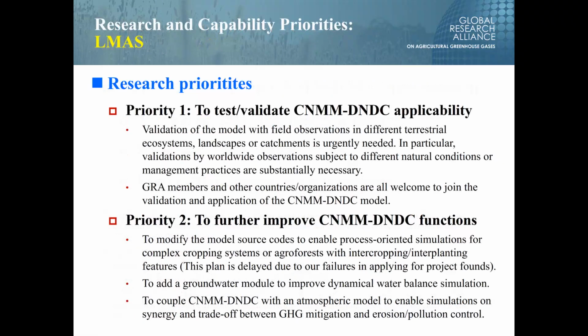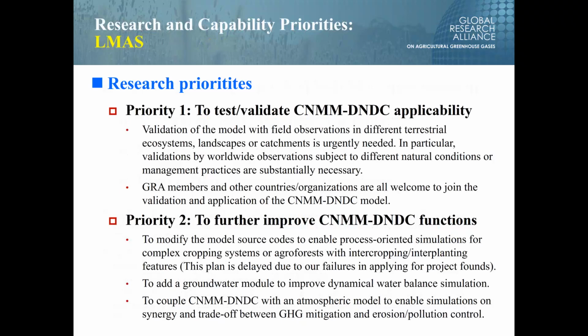For research and capability, we propose 2 research priorities. One is to test or validate the CNMM-DNDC model applicability. We know validation of the model with field observations in different terrestrial ecosystems, landscapes, or catchments is urgently needed.